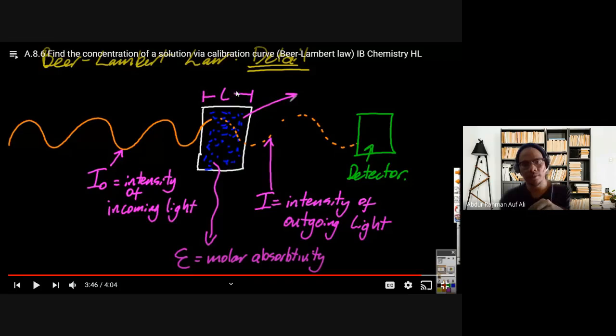So the length of the cuvette also plays a role dalam Beer-Lambert's law. Selalunya lebarnya adalah 1 cm. And sini adalah constant, nama dia adalah molar absorptivity. Okay, so these are the variables of the Beer-Lambert's law.